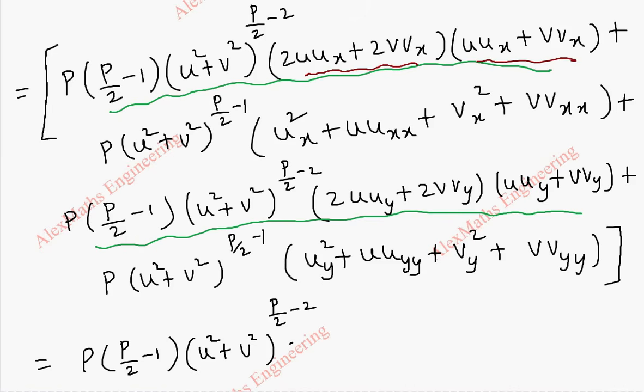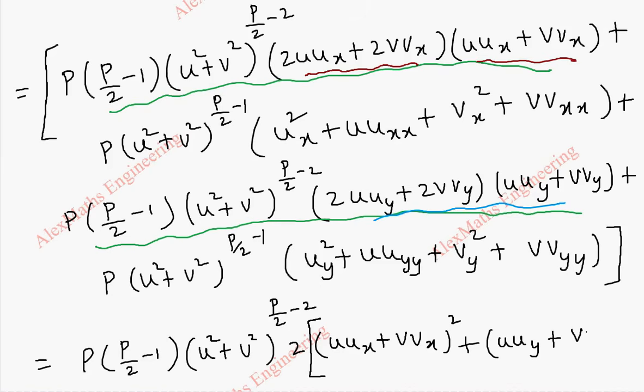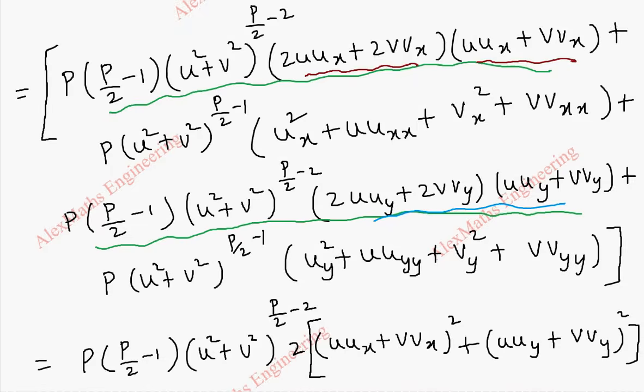So we can take 2 common and write (u ux + v vx) whole square. The same thing happens here, we can take the terms common, after that open bracket. So here the rest of the terms will be (u uy + v vy) whole square.